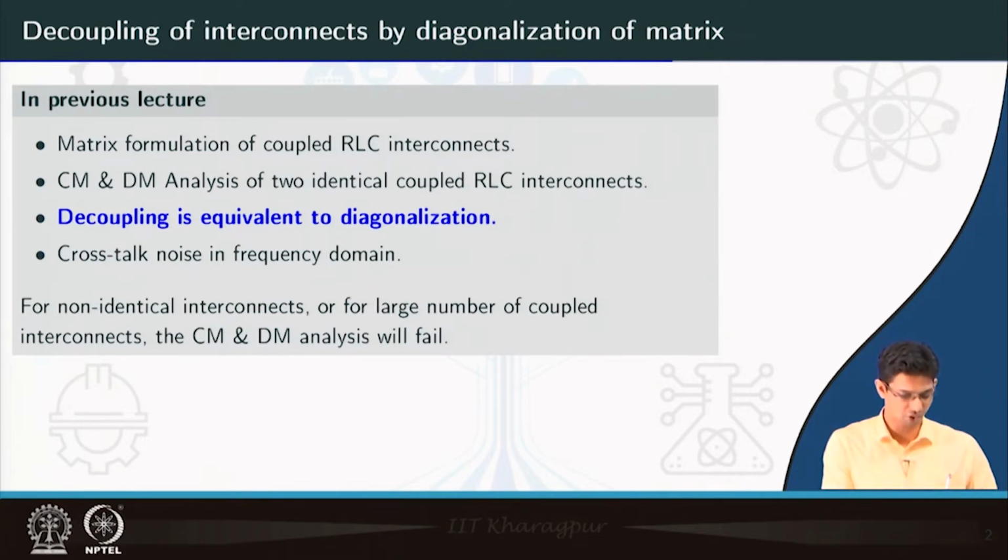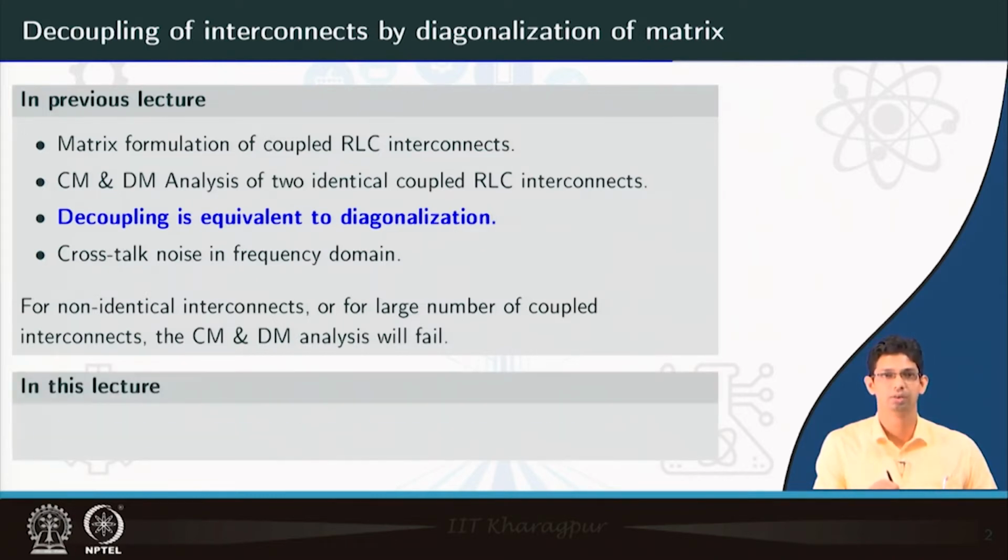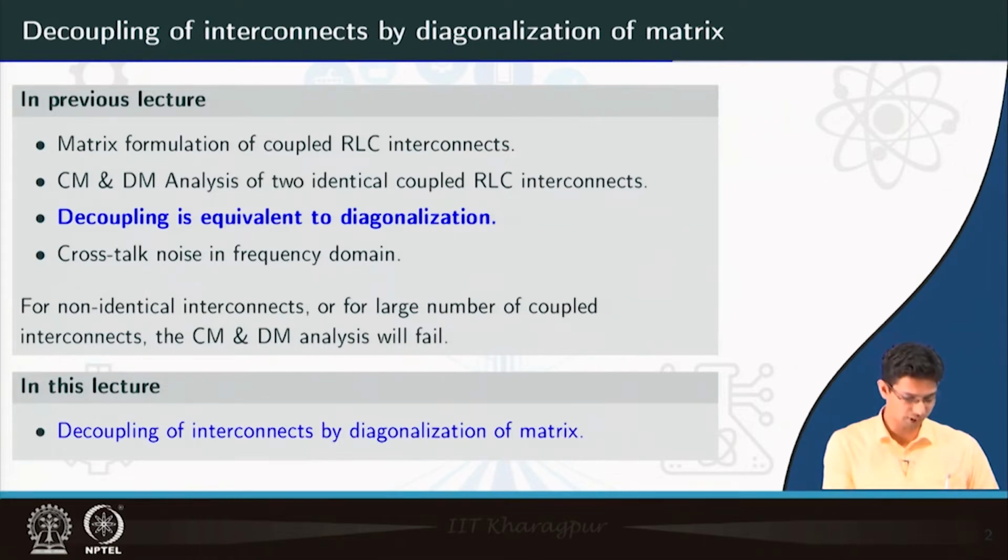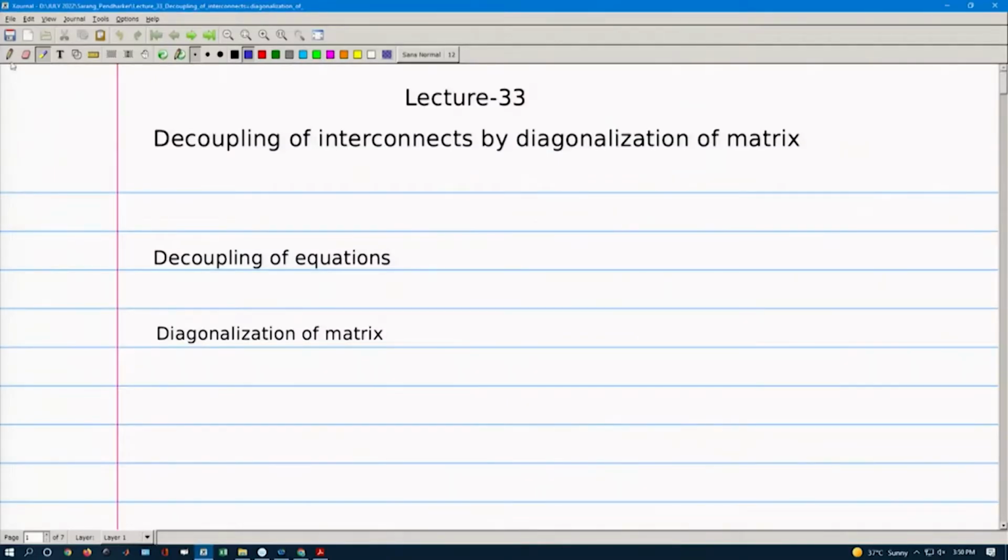So, in that case our common mode and differential mode analysis will fail, and we have to rely on this highlighted thing, decoupling is equivalent to diagonalization. So, in this lecture we will look at the method of decoupling the interconnects by diagonalization of matrix. So, let us get started.